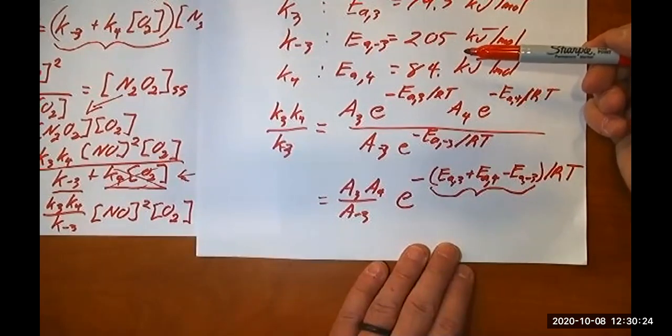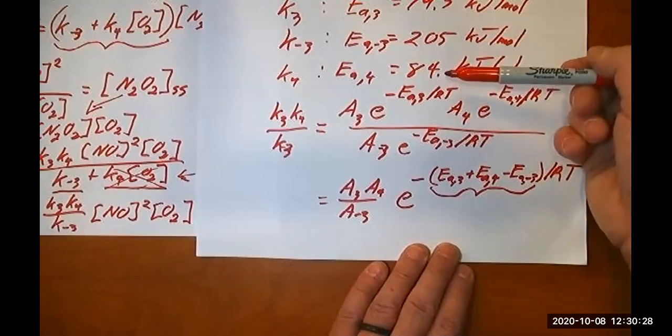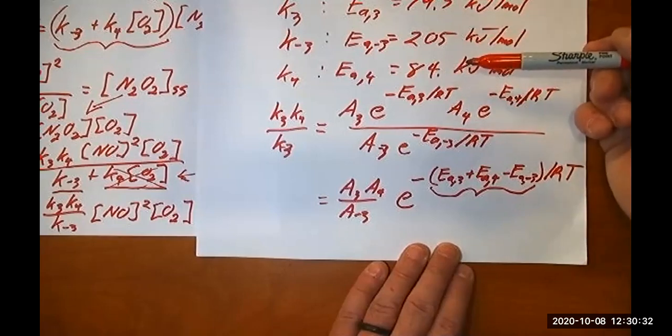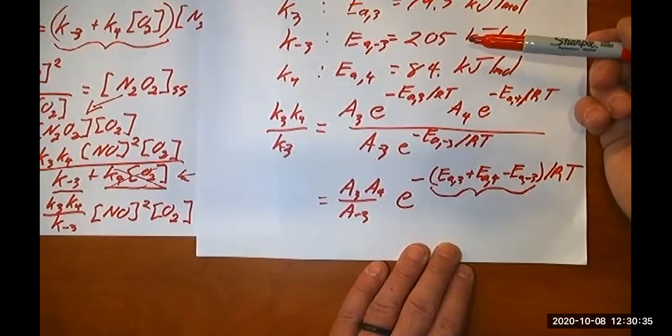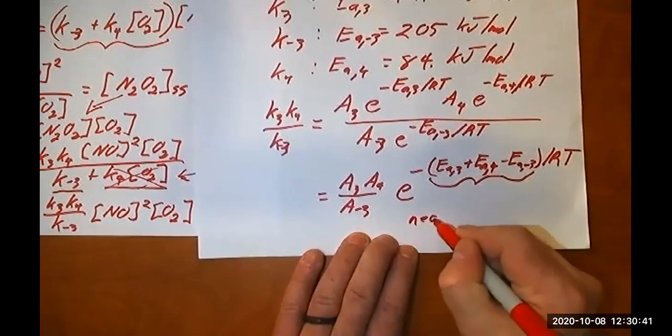We can plug it into a calculator, but 80, 85, that makes it about 165 between these two, minus 205, we're going to get a negative activation energy.